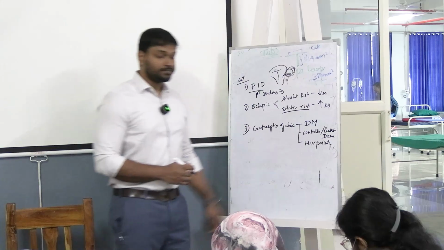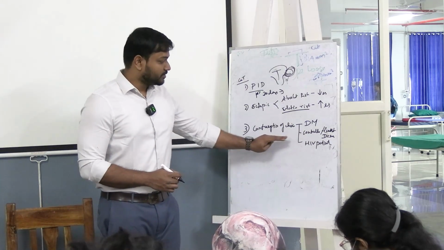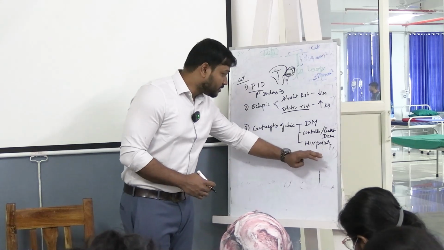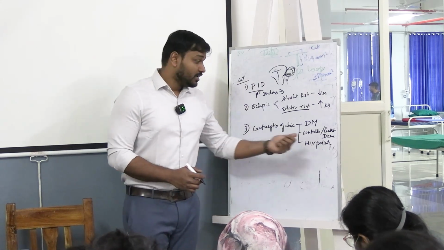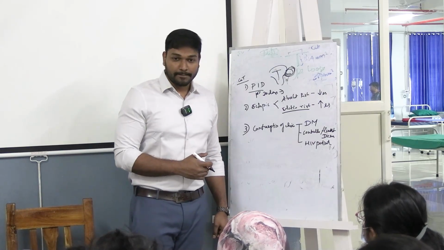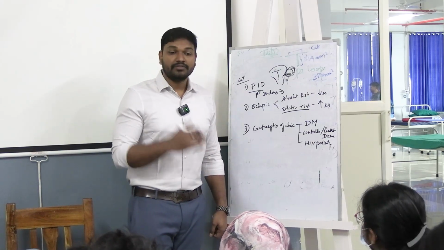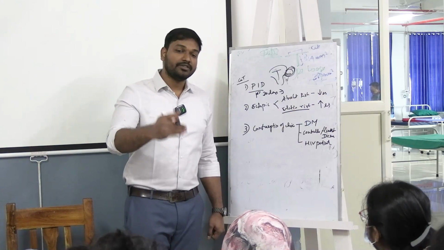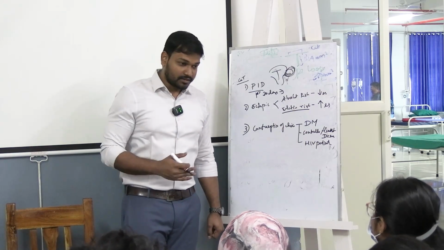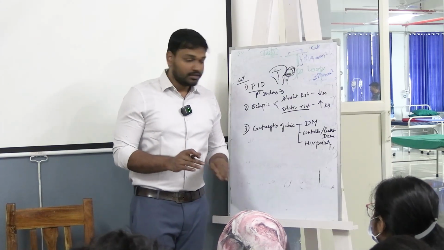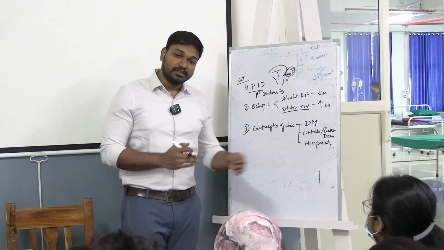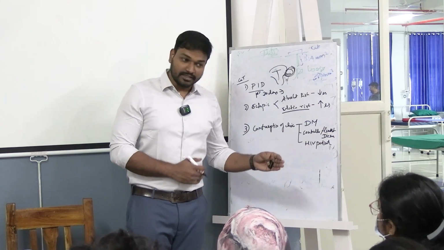In these 3 patients, contraception of choice is copper T. In HIV patient, the contraception of choice is copper T, but it will not prevent the risk of transmission. Okay, if you have to prevent the risk of transmission, you will have to use a barrier method. STD prevent করার জন্য you should use a barrier. Copper T is not a barrier. It is a contraception of choice, but it will not prevent the STD infections.